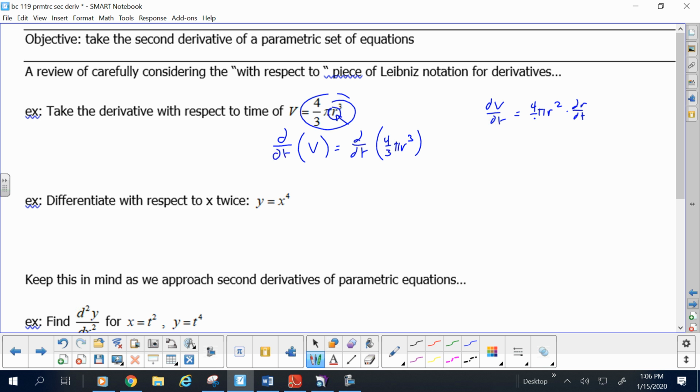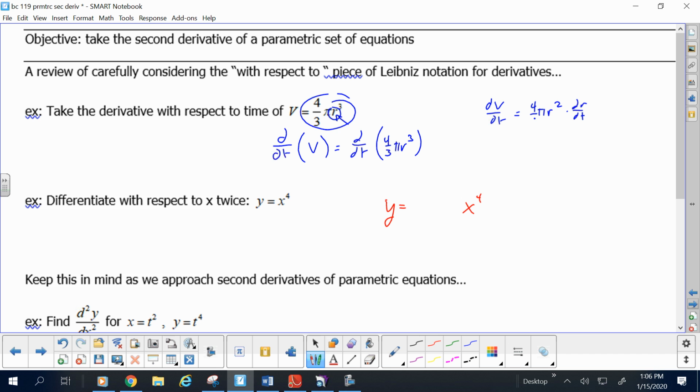Okay, cool. Now, let's talk notation here. If I write y equals x to the fourth, and I take the derivative with respect to x of both sides, then, actually, to get the point I want, would you write y equals x to the fourth?